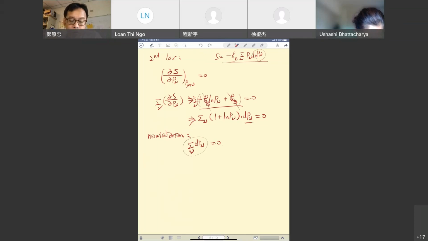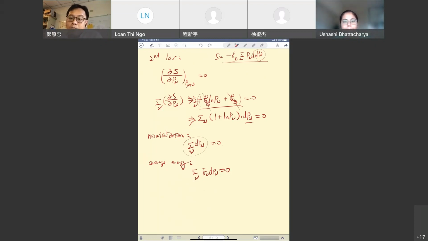This enforces the normalization condition. And the average energy requires that the sum over nu of E nu dp nu must be 0. Again, if you have any change in the probability distribution, you weight that by energy, then it's the change in average energy, and it should be 0.